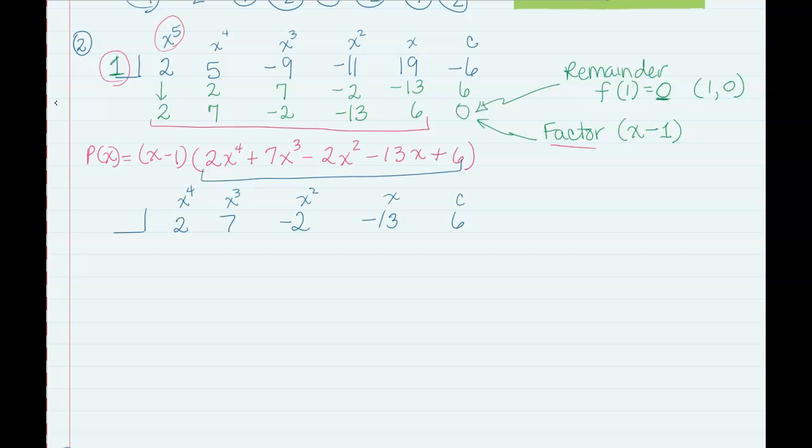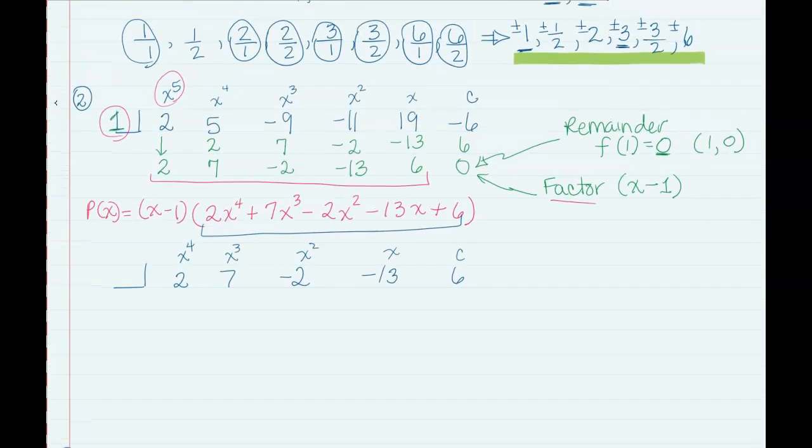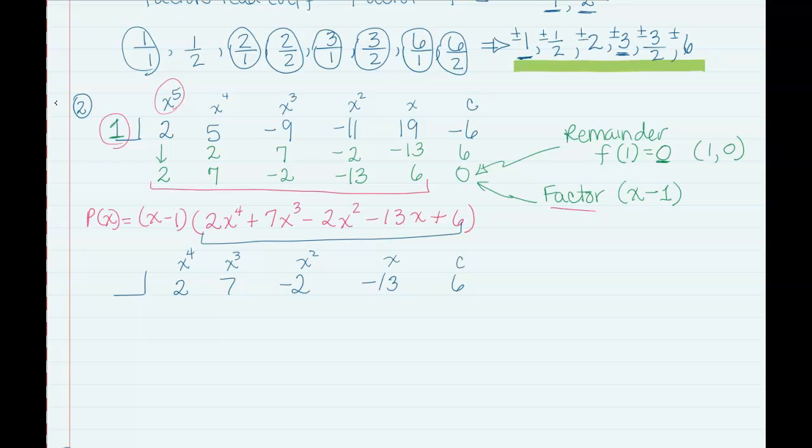And again, notice we have the same values of the constant and the leading coefficient, so we can still keep pulling from our list that we had listed in part 1. So the ones that we have over here highlighted.